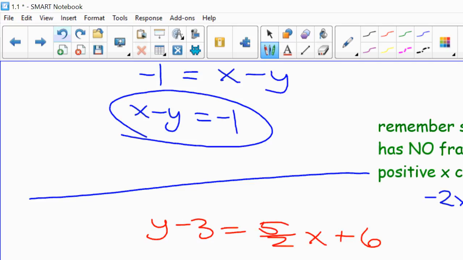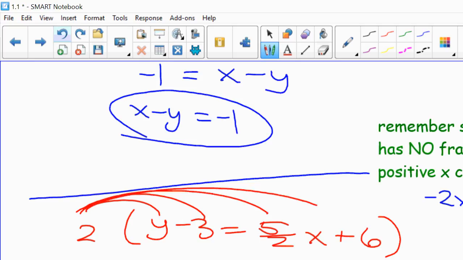Let's say this was the case. I have to get rid of fractions. You remember how to get rid of fractions? Multiply by your common denominator, in this case, 2. Everything gets the 2, all 4 terms. So I'd have 2y minus 6, and the 2's will cancel, 5x plus 12. Then you can take your x's and y's over. I just wanted to make sure we remembered that.